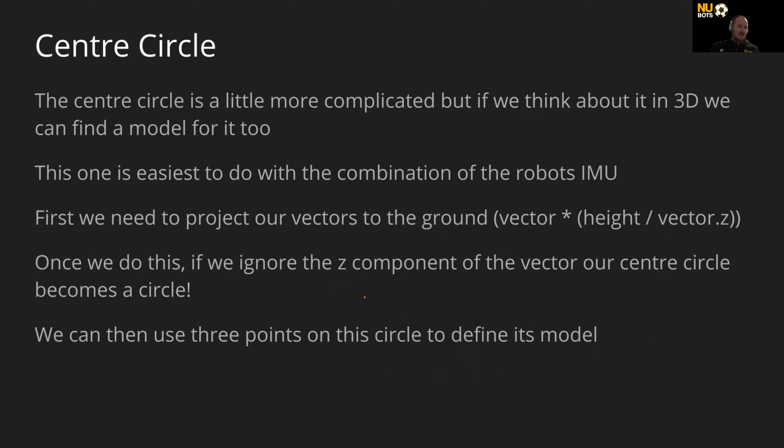Then if we ignore the Z component of that result, we will have a 2D circle that sits on the ground. We can then just use 3 points on that, and we've defined a circle. So we don't have to find complicated shapes in our vision. We just need to work out what the 3D geometry is and then match that to what we want.